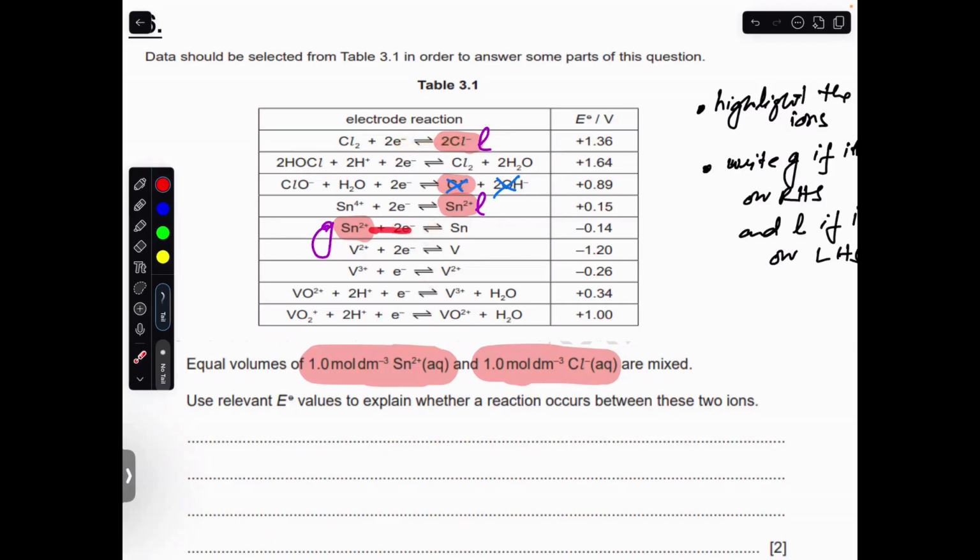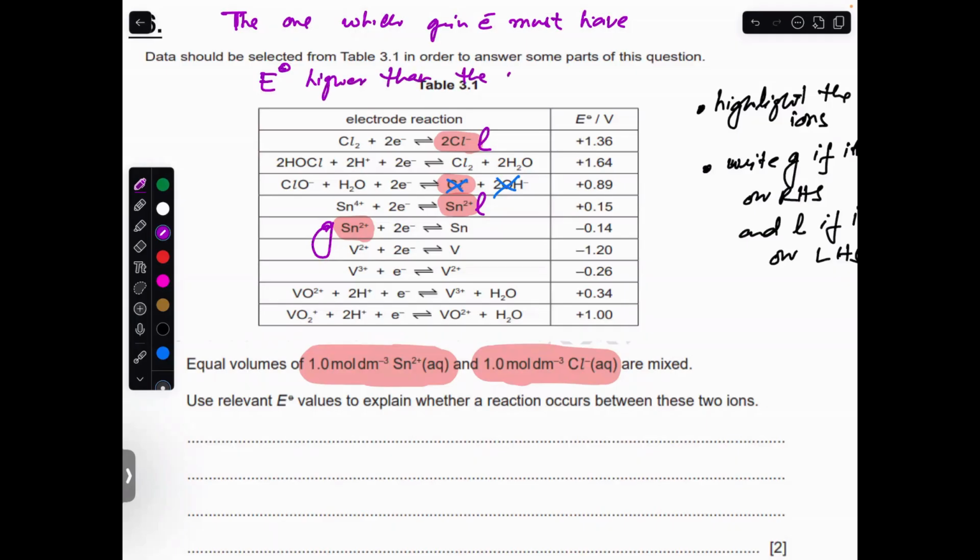Because the one which gain electron must have E naught higher than the one losing electron, so that E cell is positive. Otherwise, E cell would not be positive.